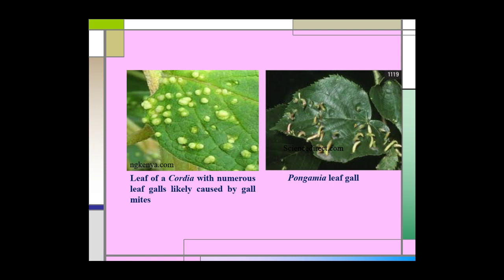The picture shows a leaf of Cordia with numerous leaf galls, and these leaf galls are caused by gall mites. The second picture shows a Pongamia leaf gall.